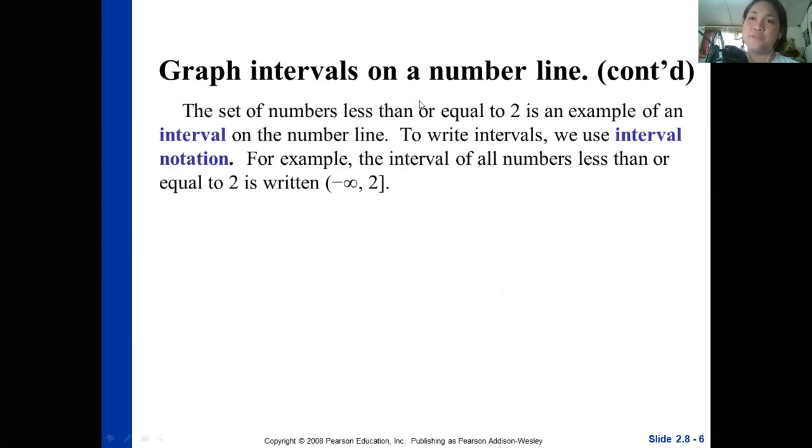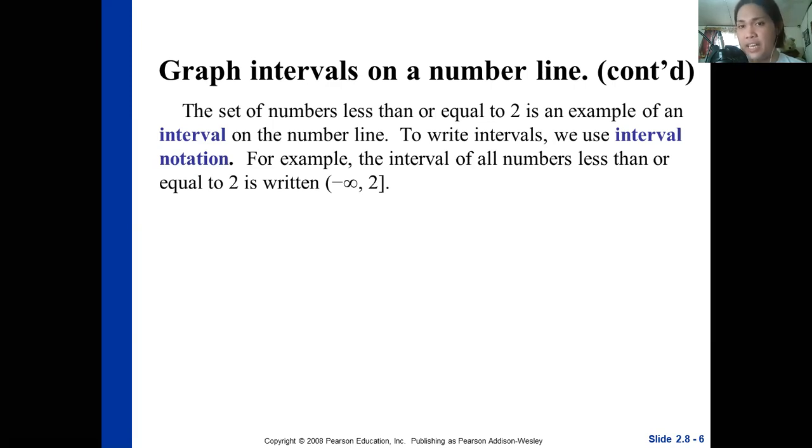Okay, we can now proceed to the next. The set of numbers less than or equal to 2 is an example of an interval on the number line. To write intervals, we use interval notation. Again, do not forget the term interval notation. To write intervals, we use what notation?